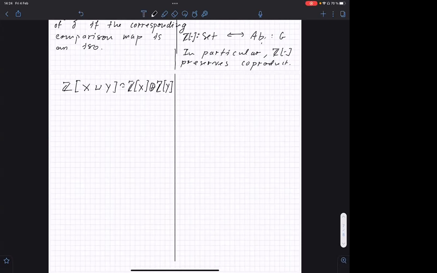G, the forgetful functor, would preserve limits. Also, the forgetful functor, which is the right adjoint, will preserve limits, in particular products.